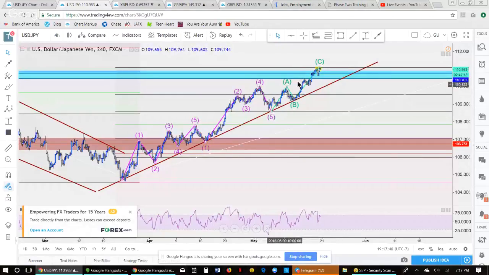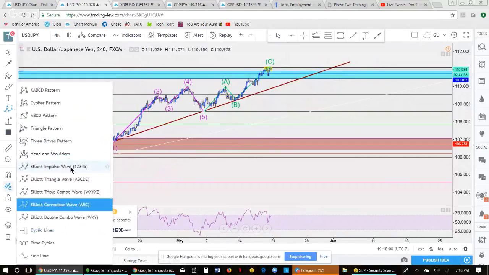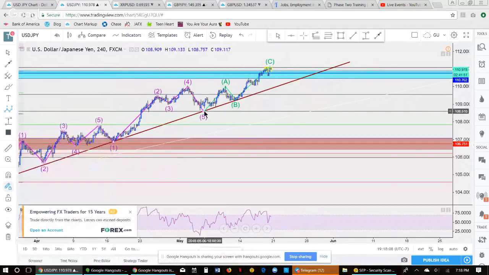Corrective waves, same thing. So if I make this wave here, or maybe this could be another Elliott wave. Again, even if this was another Elliott wave, guys, it's going to happen because look what we have here: lower, higher low, higher high, higher low, higher high, higher low, higher low. Ooh, it's another Elliott wave as well.